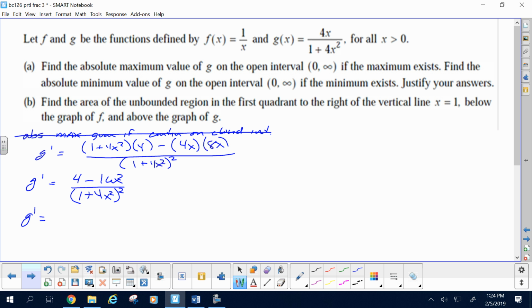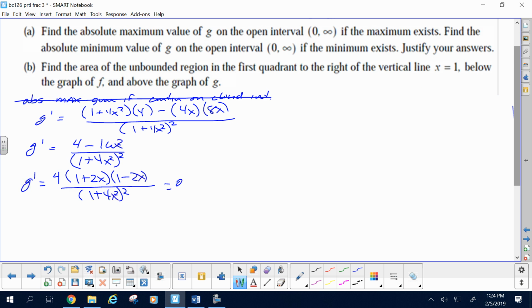I don't know if you factored that, but I called it 4 times (1 plus 2x)(1 minus 2x). The denominator doesn't factor over the reals. This then has critical numbers where this is 0 or undefined. x equals negative 1/2 is a critical number, but it's not in the domain of the function they give us. So x equals 1/2 is the only critical number for the domain prescribed.